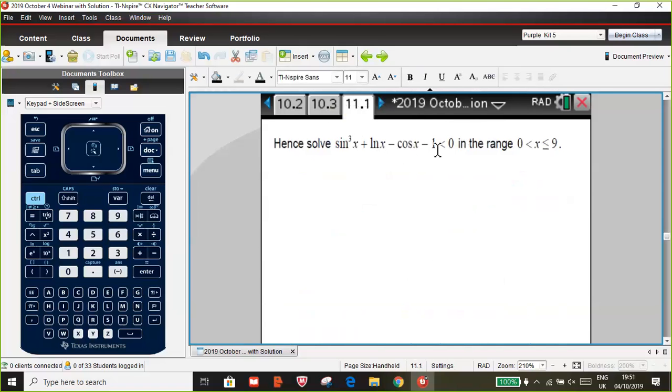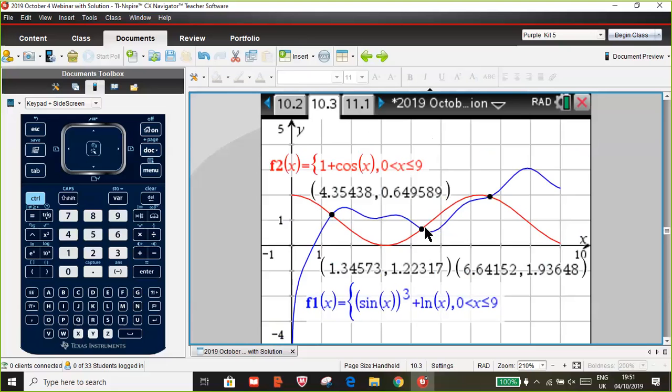So I actually want the blue to be below, right? The other way around. So my answer will actually be 2 parts: this part between these 2 points, and down here between this and this. The trick for this question is that they have to exclude the 0 here. At least that was the marking scheme.